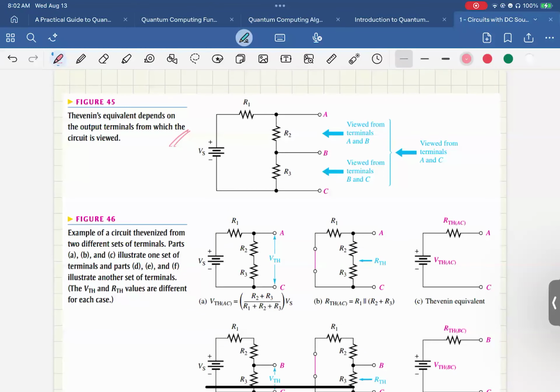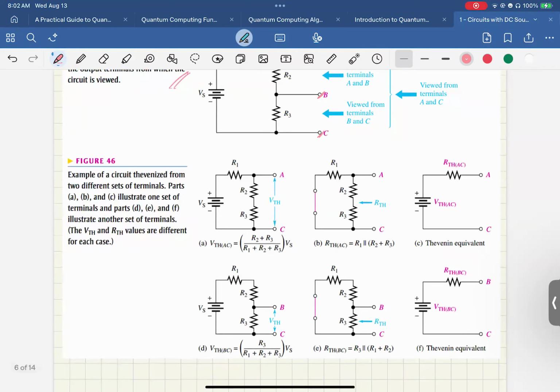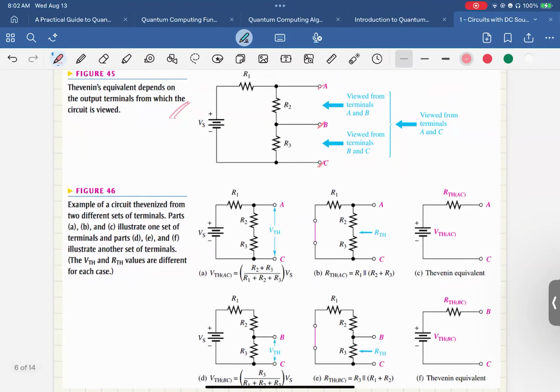If you're looking at A and B, the Thevenin resistance, the Thevenin voltage, and the Thevenin equivalent circuit will be different compared to when you're looking at B and C.